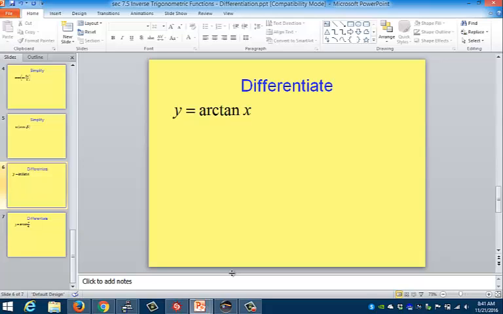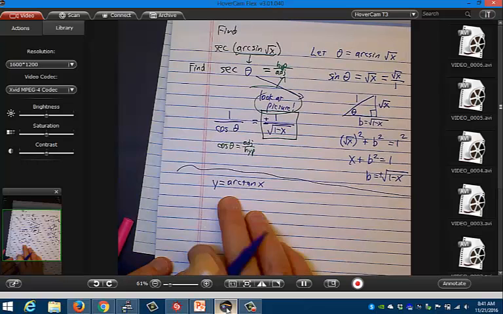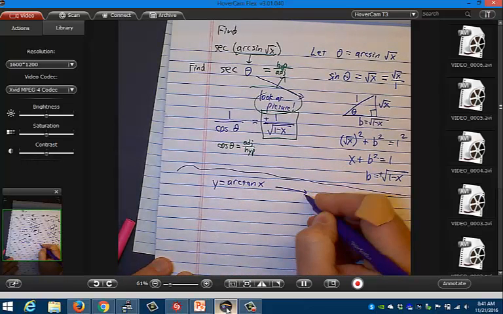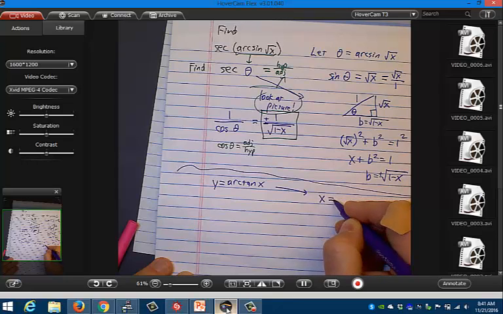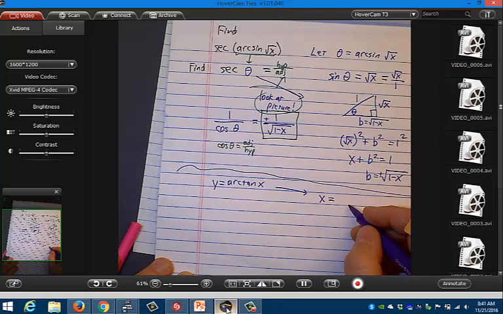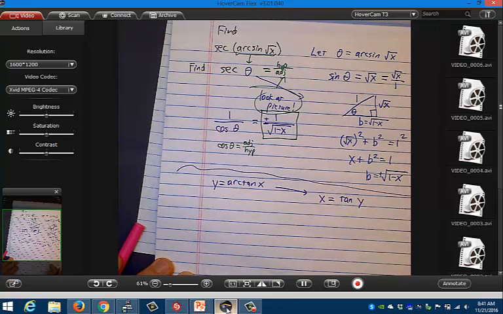Okay? So I said y equals the arctangent of x. Well, as soon as you have an inverse trig function, I like to write a regular trig equation. So I'm going to write the tangent of y is equal to x.